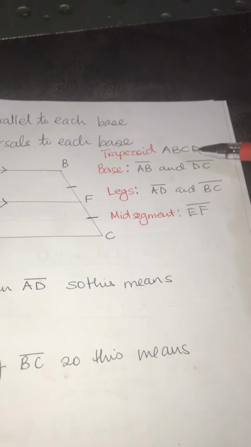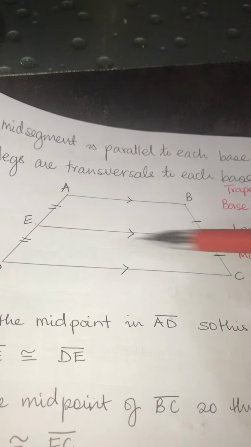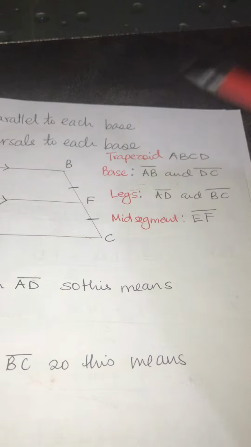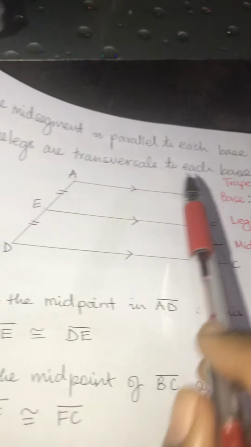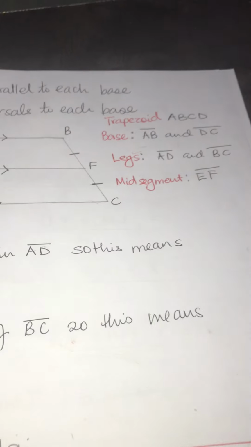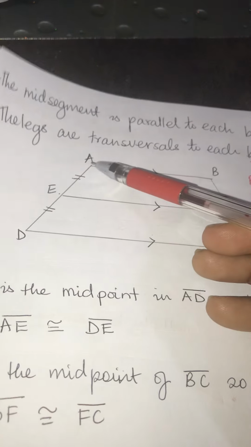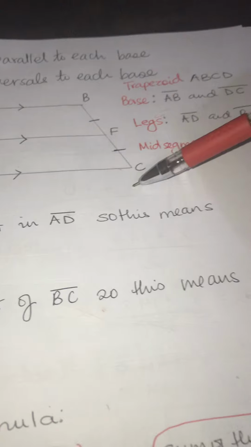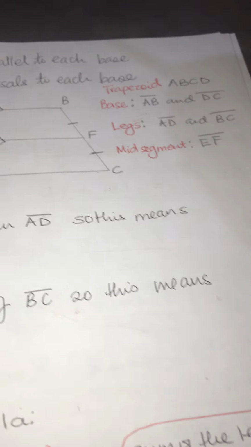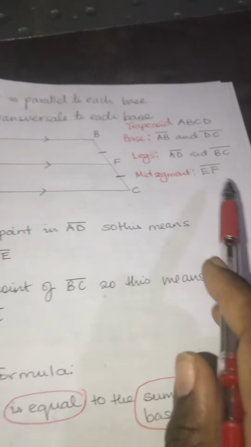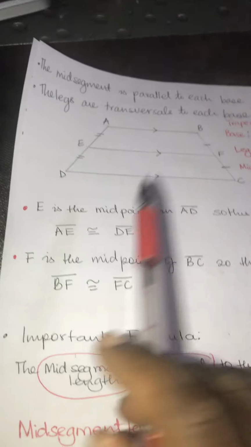So what is the name of our trapezoid? ABCD, according to this. How many bases do we have? 2. We have AB and DC. How many legs do we have? 2. We have AD and BC. What is our mid-segment? EF. We have shown it over here on the picture.